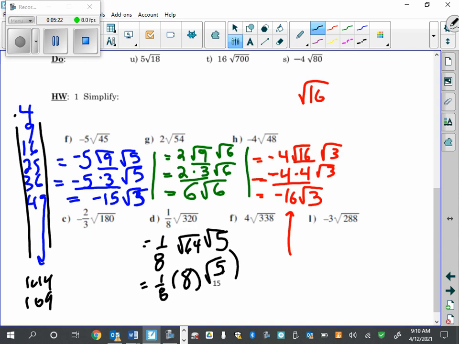So here, multiplying by 1/8 is dividing by 8, which just means 1 radical 5. You can go top times top, bottom times bottom, or myself, I would reduce first and get 1 that way. You don't need to write down the 1, but the answer is radical 5. So if your hockey number is radical 5, you could put 1/8 radical 320 on the back of your jersey.